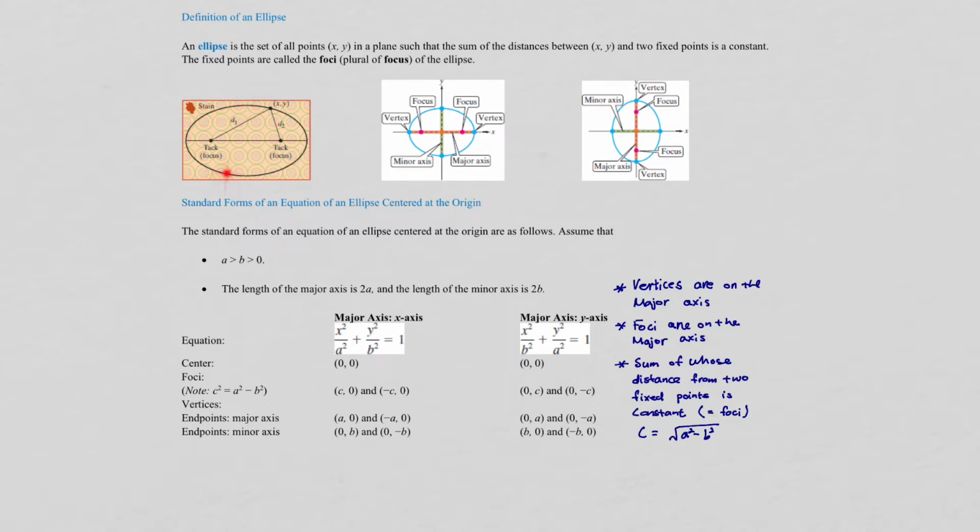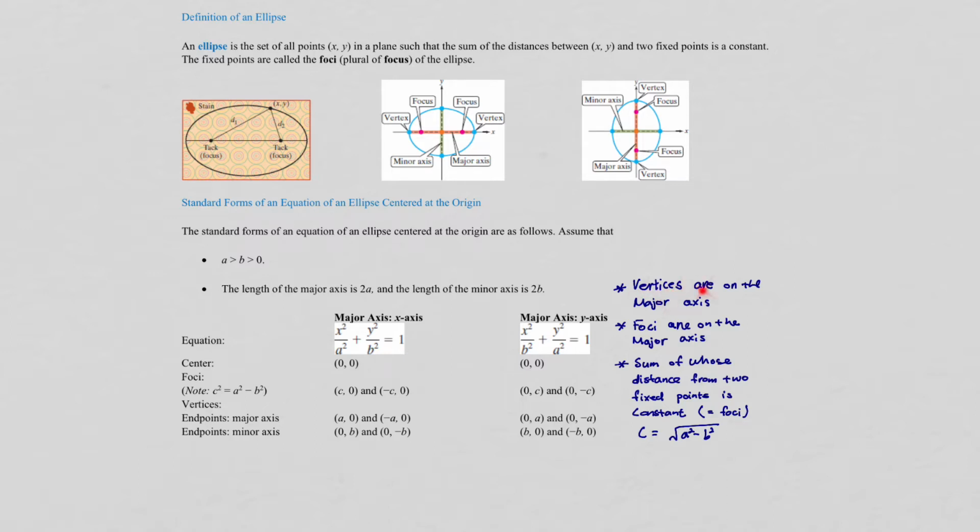So if I measure from here to there, or here to these two focus points, the sum for any point on your ellipse to the focus points should be constant.